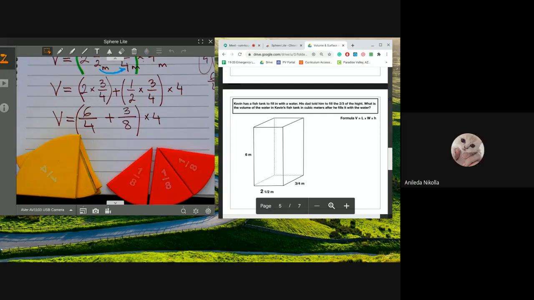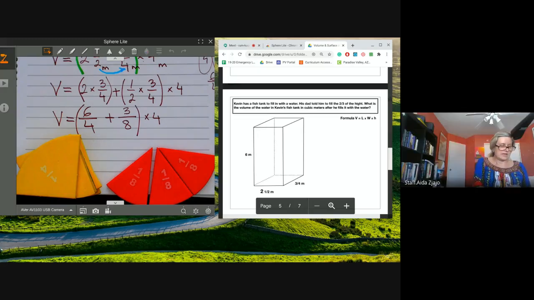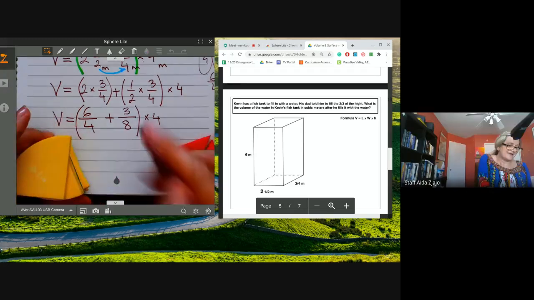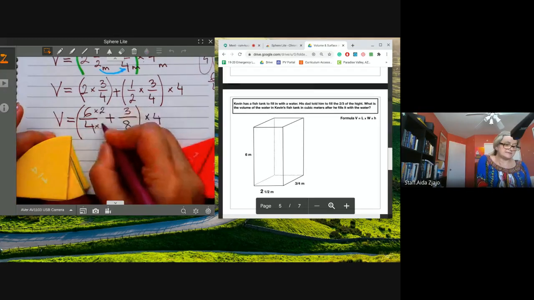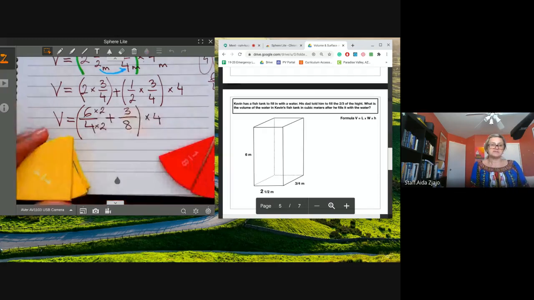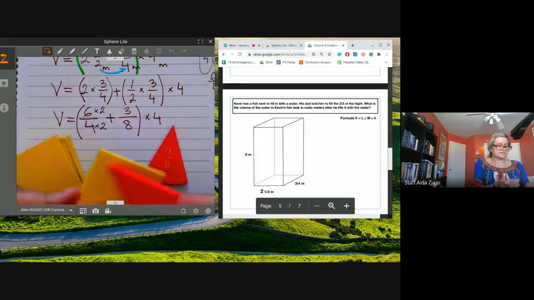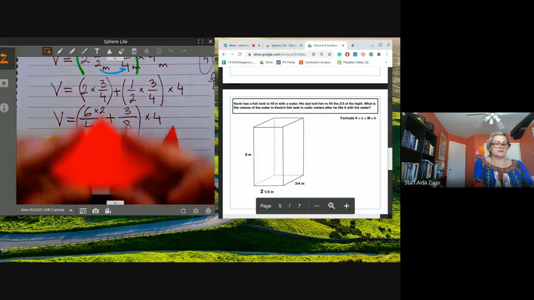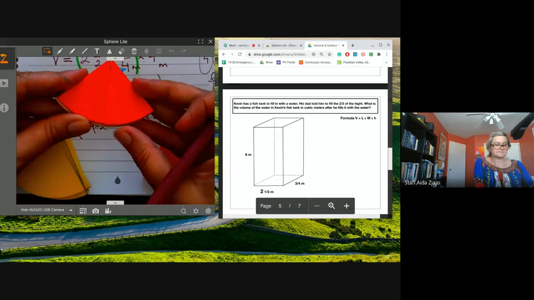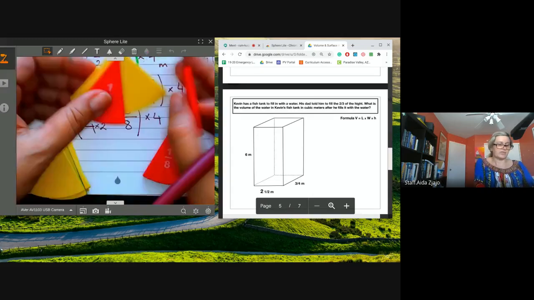You multiply 6/4 by 2. Yes, by 2. Bravo. So that means in reality, I'm going to take each of these and cut it in the middle and make 2 of those. Because 2 eighths can fit into 1/4.